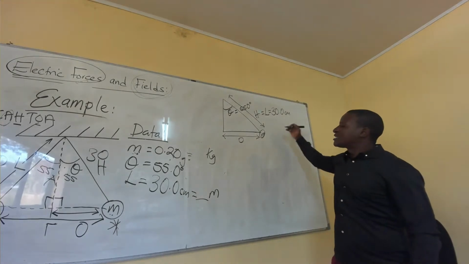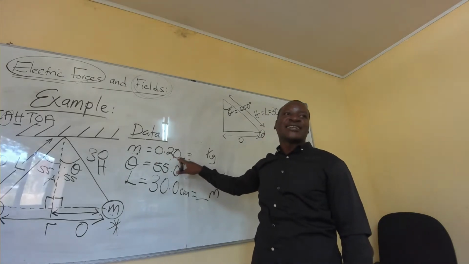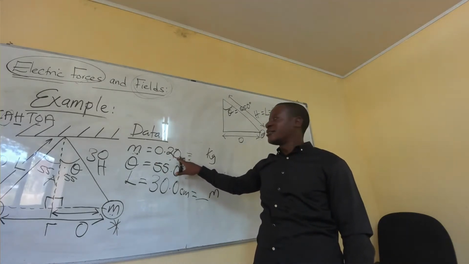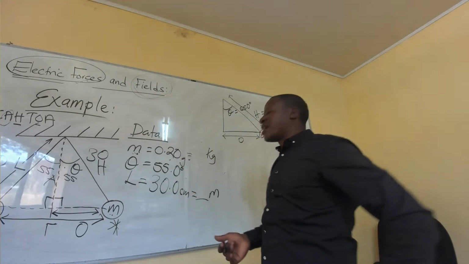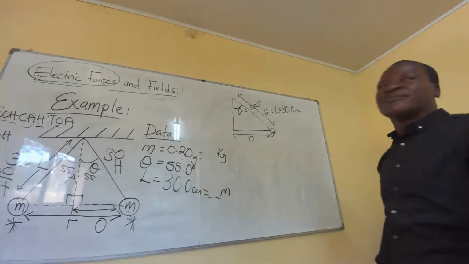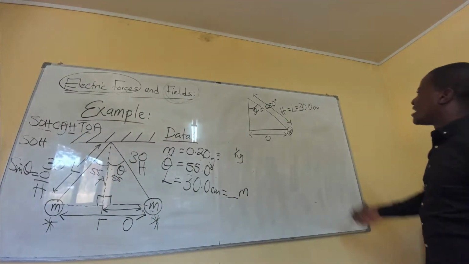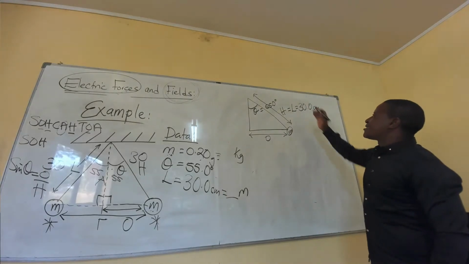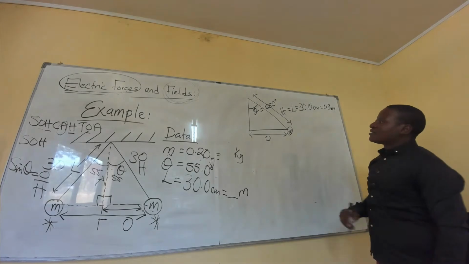But the moment you start plugging in 0.2 grams, then we understand that you don't know what you're doing, and there's no need to look further for where you're supposed to get some marks. All right. So we know that this is 30, which is nothing but 0.3 meters.